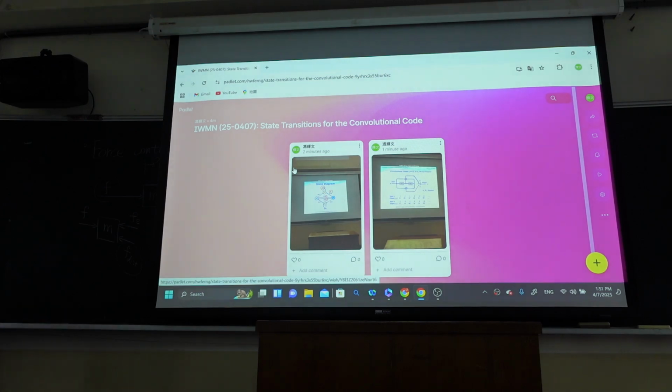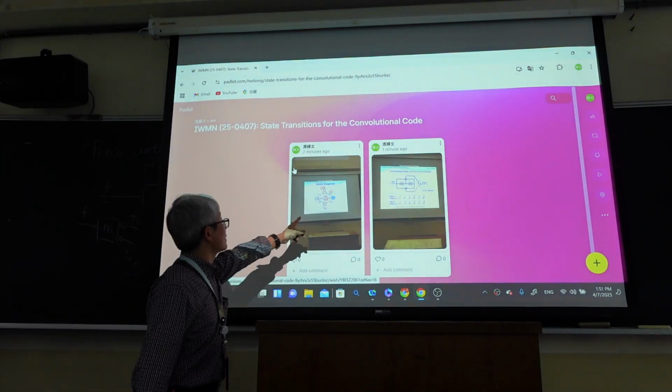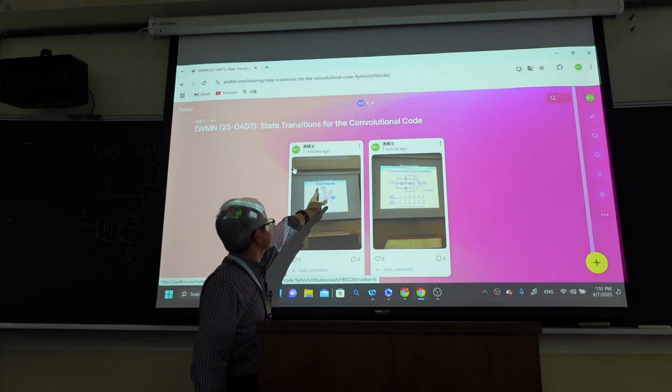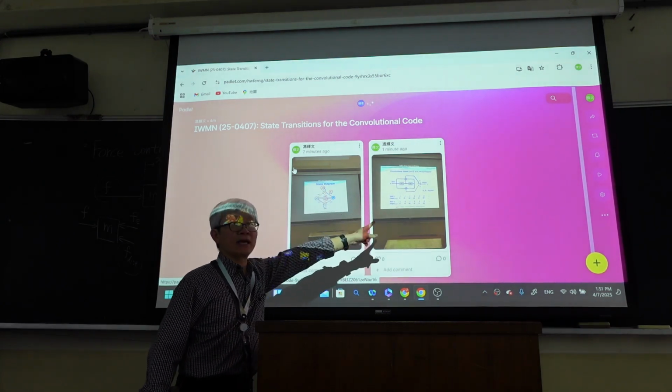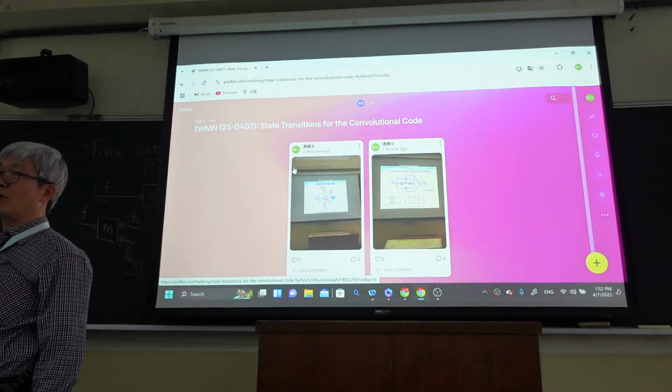So that's it. I then have the assignment 1, 2, 3, and 4. And here we have the state diagram.